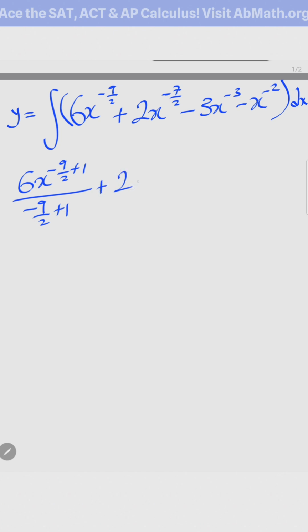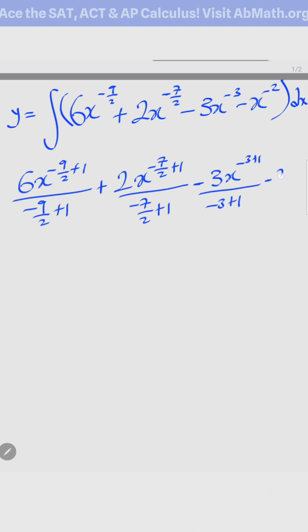We now have plus 2x raised to power negative 7 over 2 plus 1, over negative 7 over 2 plus 1. Then minus 3x raised to power negative 3 plus 1, over negative 3 plus 1. Then minus x^(−2+1) over negative 2 plus 1, then plus c, our constant of integration.